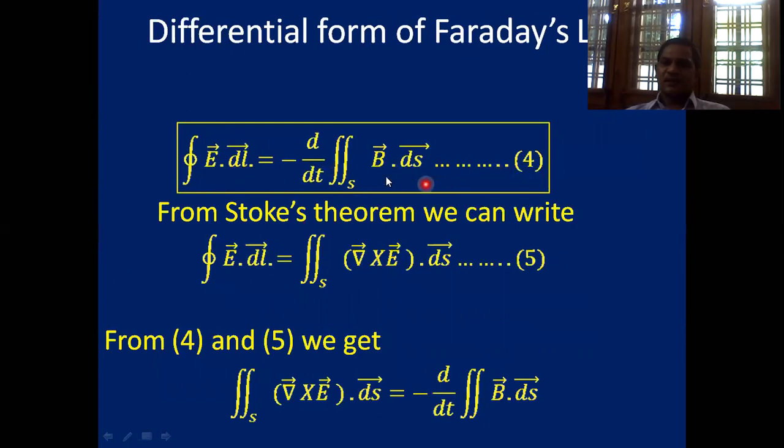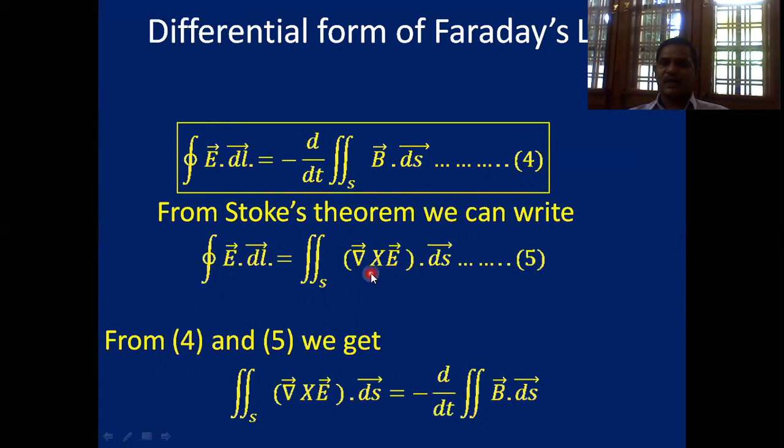So that is the same equation I have written here. But according to Stokes' theorem, we know that Stokes' theorem relates a line integral and a surface integral. So the closed integral of E bar dot dl bar equals the surface integral of curl E bar.